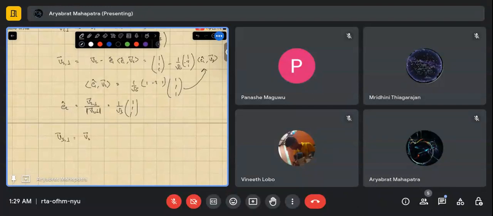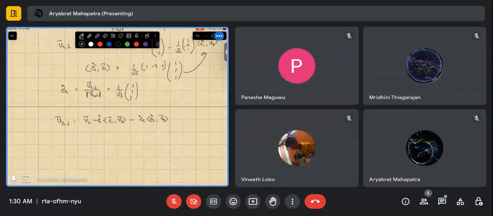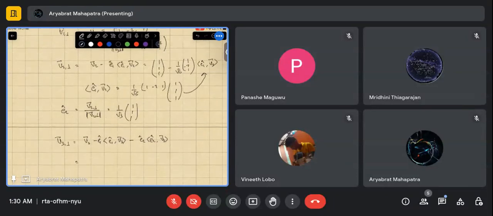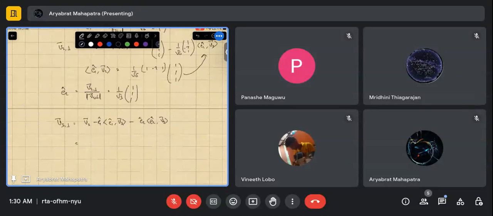The same thing you have to repeat for V3 perpendicular. Take V3 and take away the projection of V3 along V1, and in the same way take away the projection of V3 along V2. V3 is given, that is (0, 1, 2).